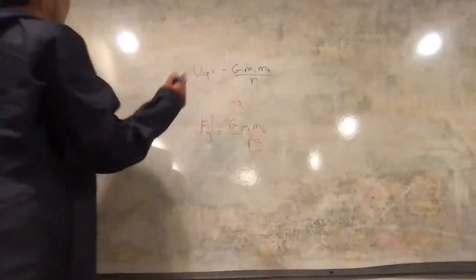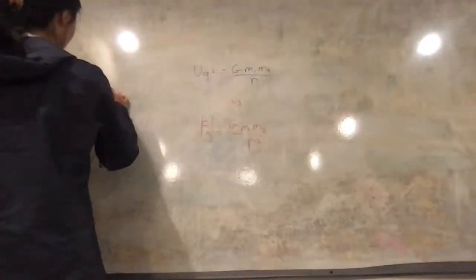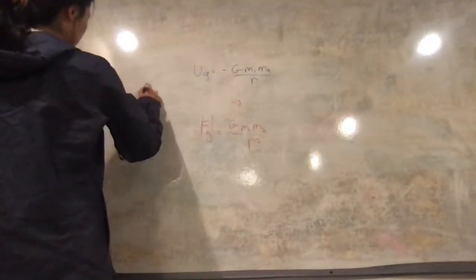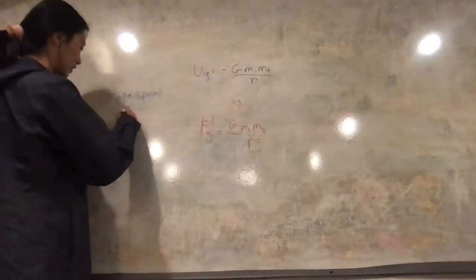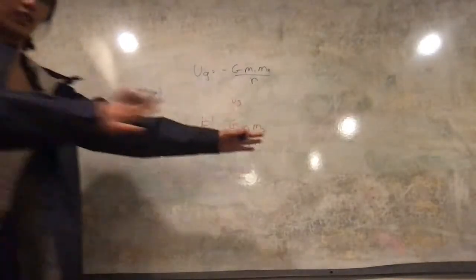Now, how do you find escape speed? Escape speed is when the satellite or rocket is infinitely far away, so far away that the force of gravity is zero because there's no attraction.